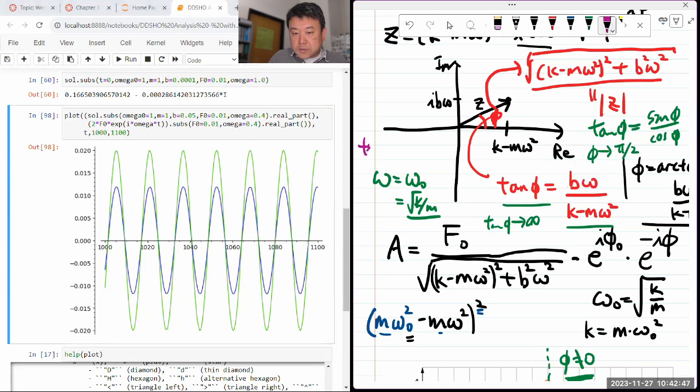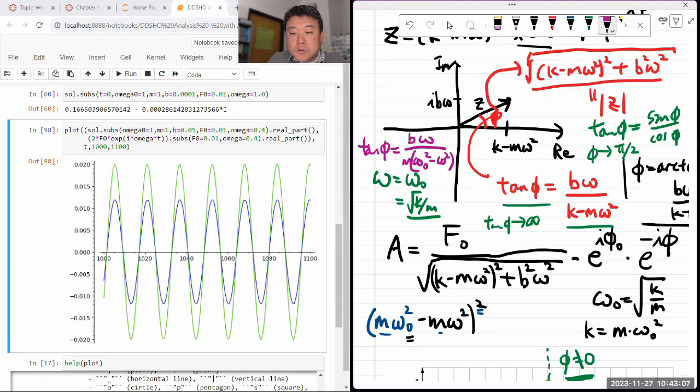So tangent phi is equal to, I want to rewrite k in terms of the natural frequency. Then it'll be m omega naught squared minus omega squared, b times omega.